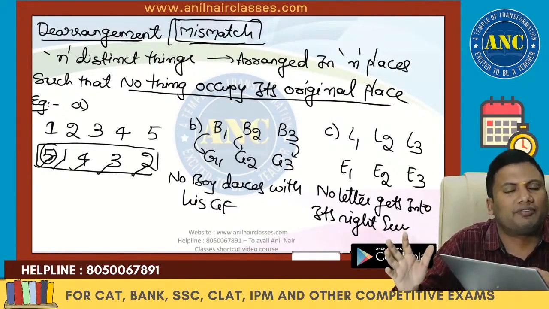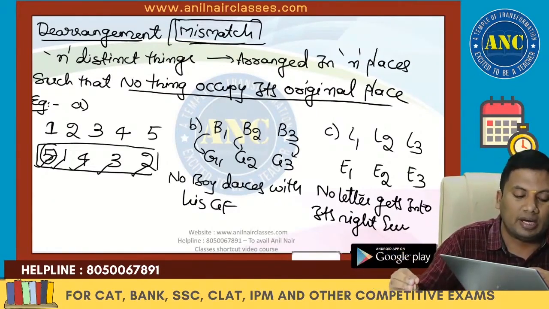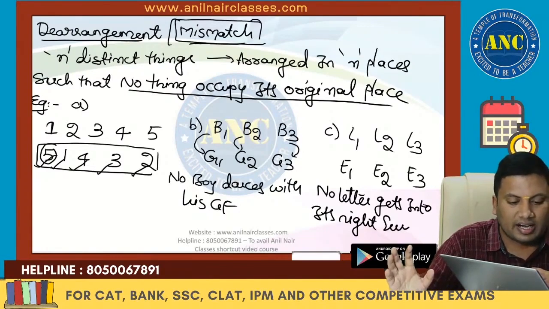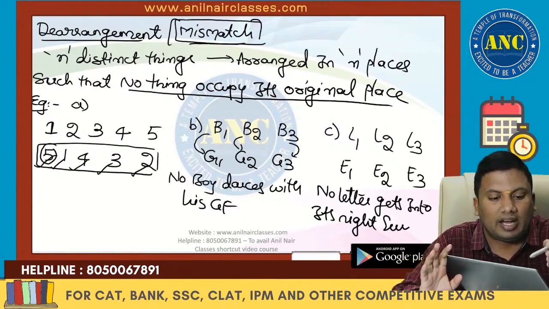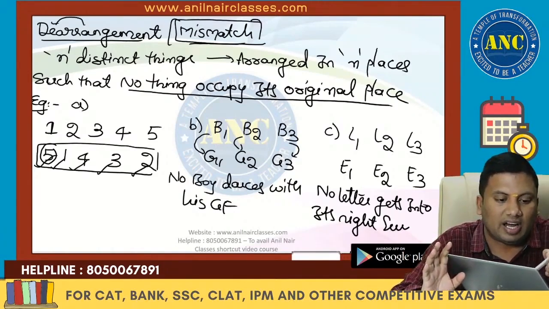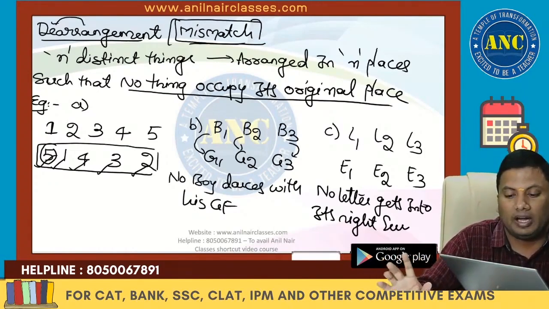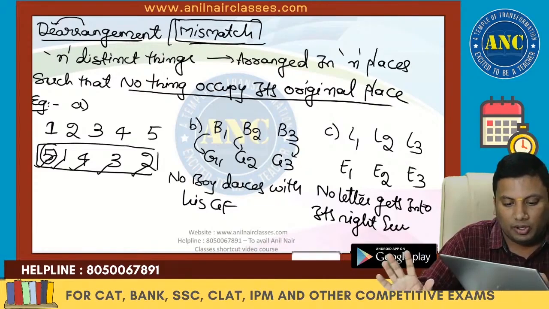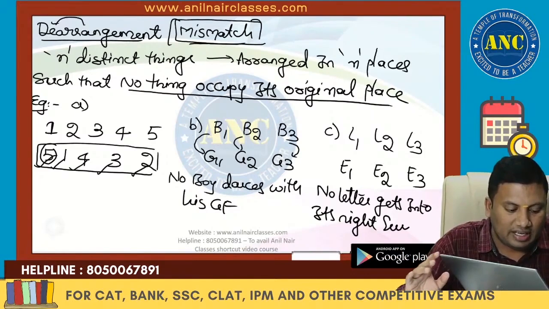One should be in the first position, but it is not there. Two should be in the second position, it is not there. This is called the dearrangement. Arrangement is arranged properly, dearrangement is not arranged properly, a completely mismatched position. I hope the definition is clear.